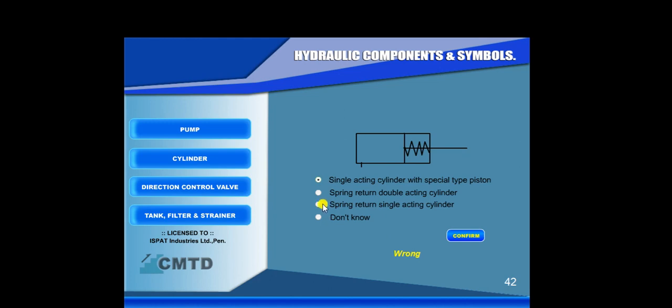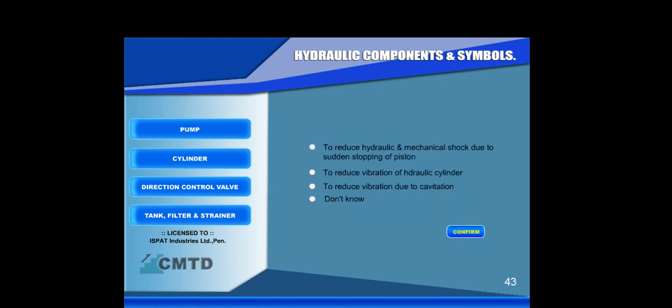This is the symbol of a spring return single acting cylinder. What is the purpose of providing hydraulic cushion in the cylinder? To reduce hydraulic and mechanical shock due to sudden stopping of the piston.